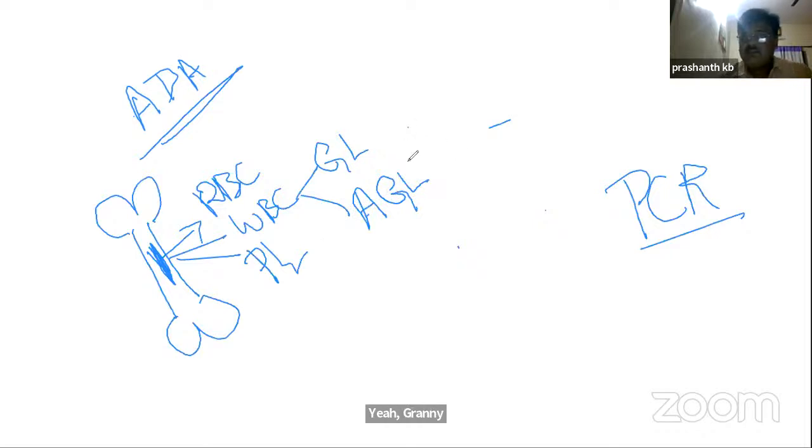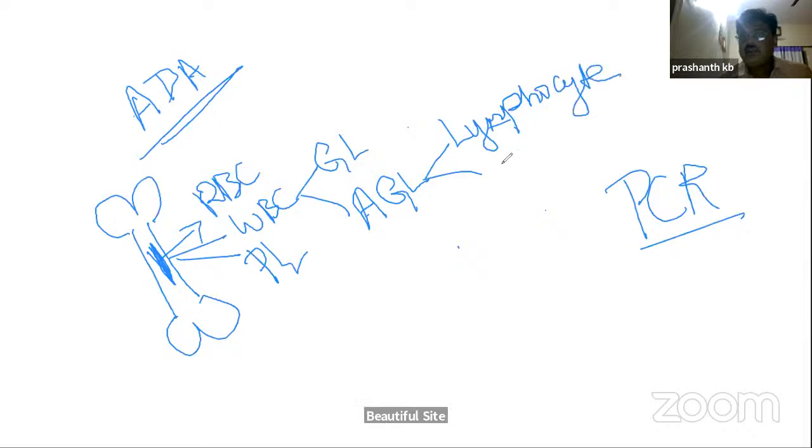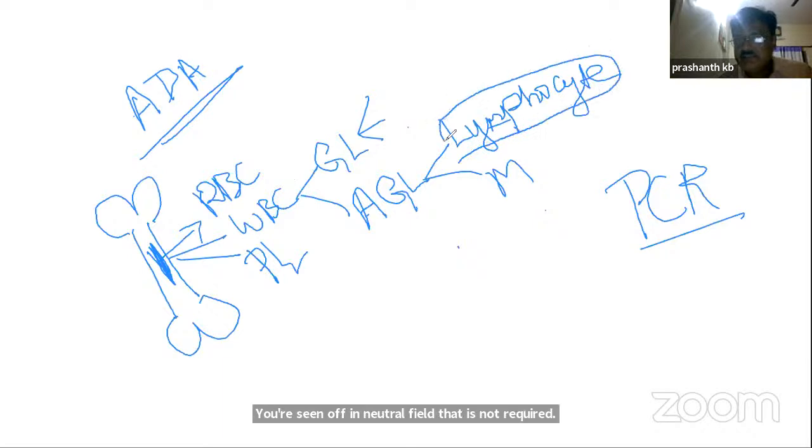In agranulocytes, there are 2 types, lymphocyte and monocyte. I will not write basophil, eosinophil, neutrophil. That is not required. I want this one. This is a type of WBC, lymphocyte.